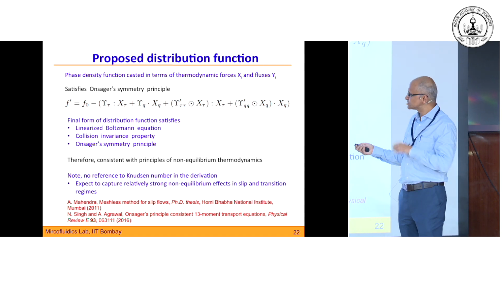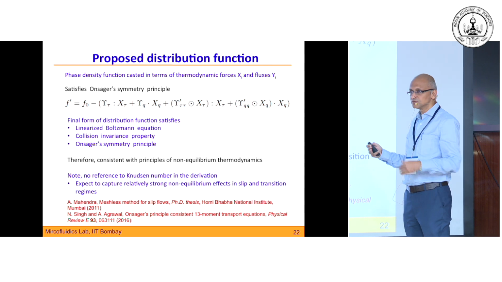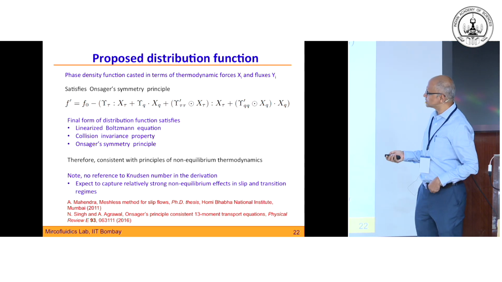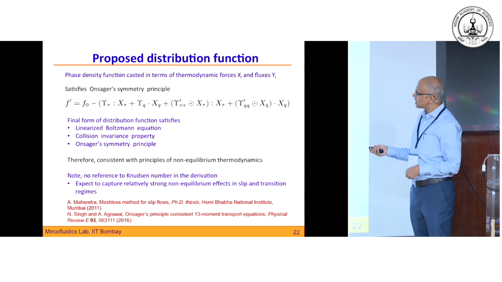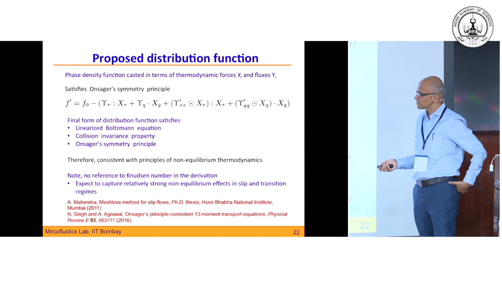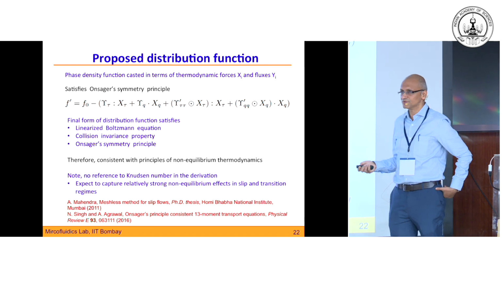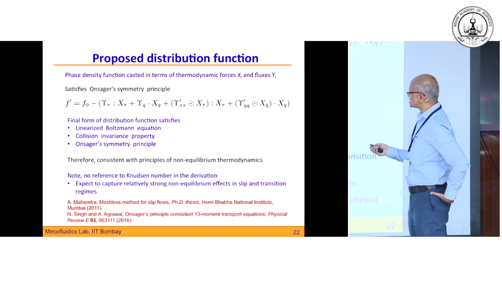The idea here is that we write the distribution function in terms of forces and fluxes, which is an idea that goes back to Onsager. This is a follow-up to Mahindra's thesis, which was done in HBNI. We realized that with certain modifications that work can be taken up here. So that's essentially what we did.